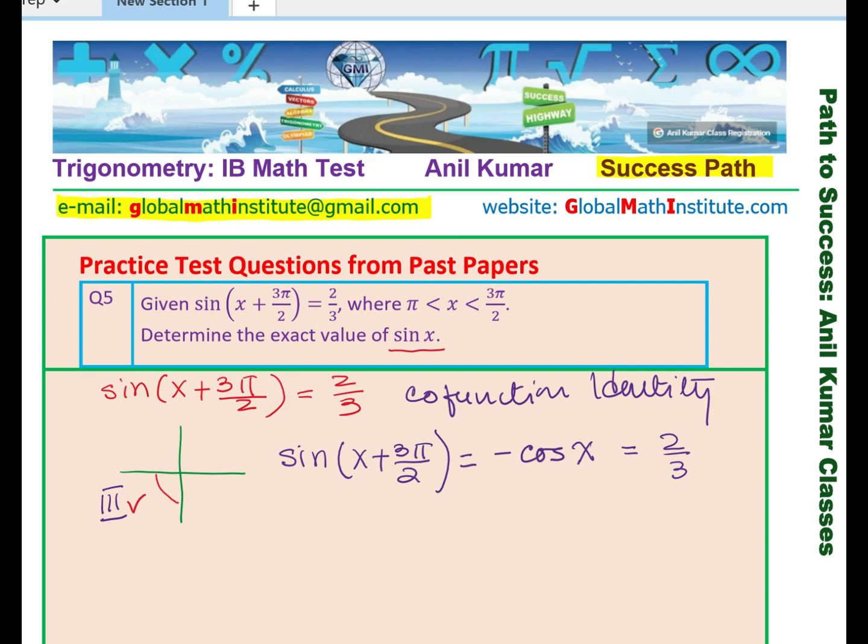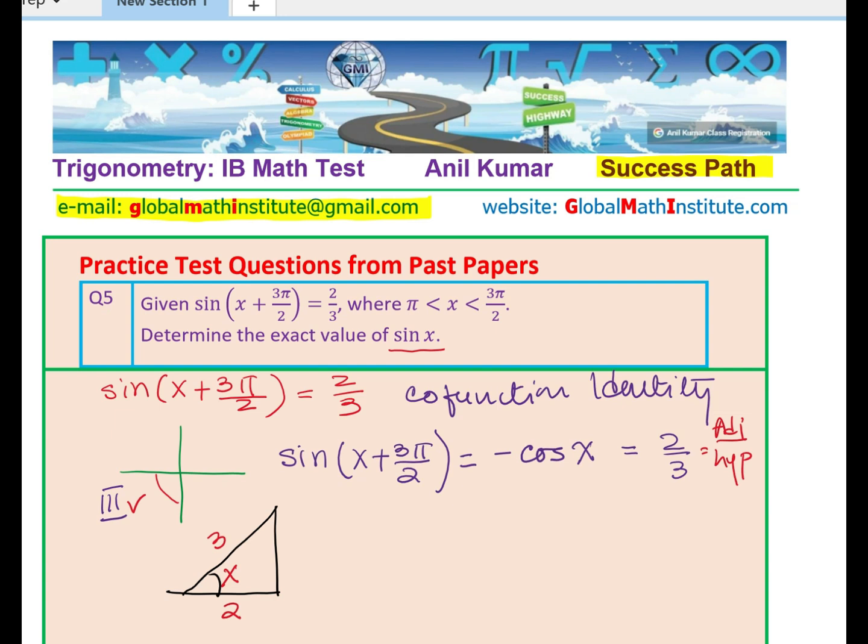So we know that cos x is 2 by 3. So now we can make a triangle. Let's say this angle is x for us. Then clearly 2 by 3 means one side is 2, the other one is 3, the hypotenuse. This is adjacent over hypotenuse.